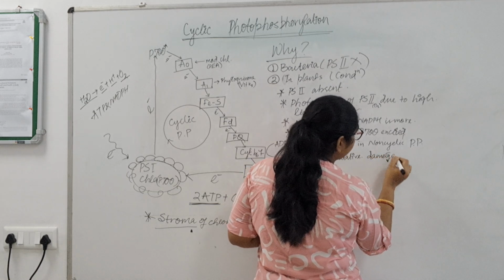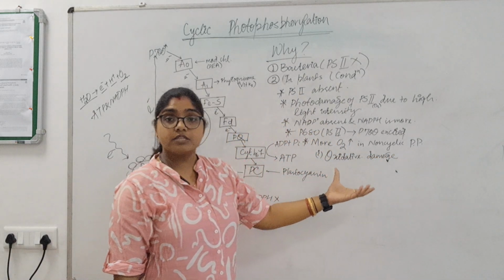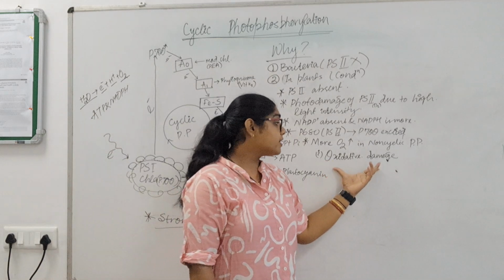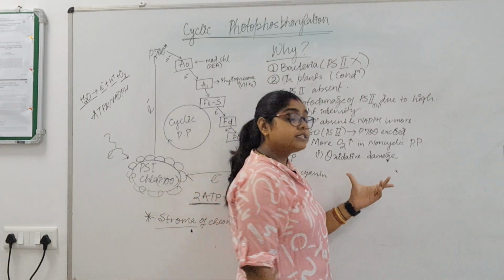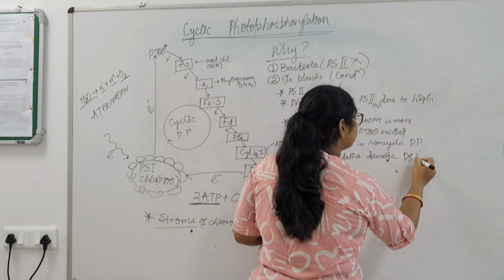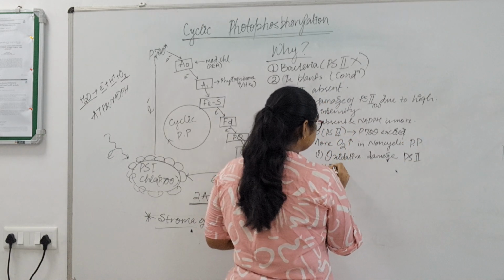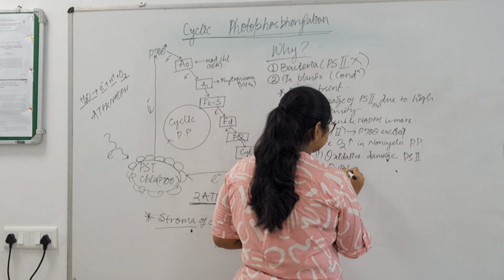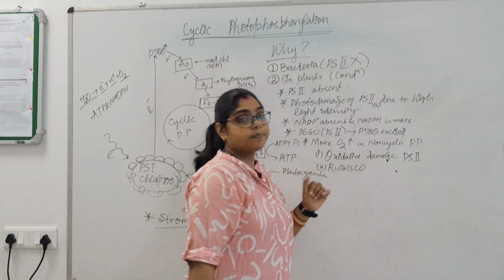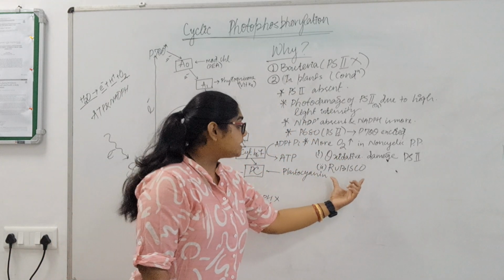When more oxygen is released, it causes oxidative damage to photosystem 2. And second, it confuses the Rubisco enzyme.